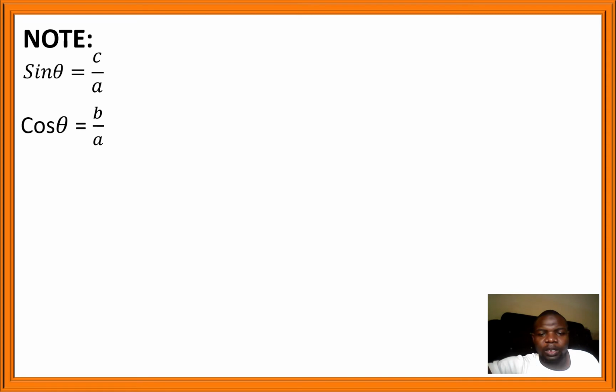Let's take note here. We said sine of theta should be c over a, and cos of theta will be b over a.